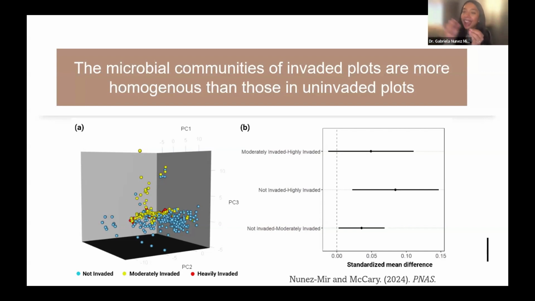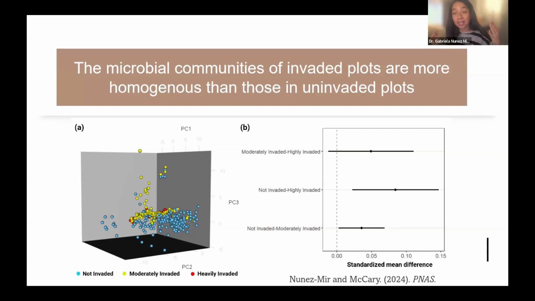And again, what that means is that those plots were very similar to each other in what we call microbial composition space. So the communities of microbes in these plots were very similar from plot to plot. And one of those plots could have been in Alaska, and the other one in Missouri, and the other one in Florida, and the other one in Massachusetts.